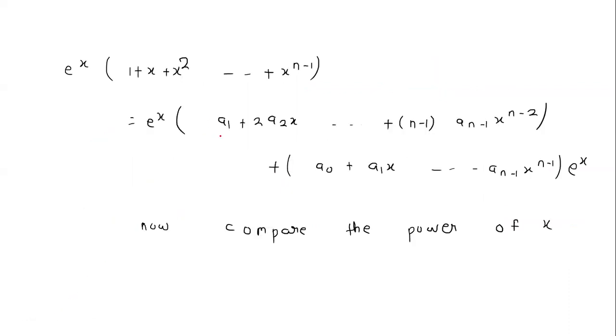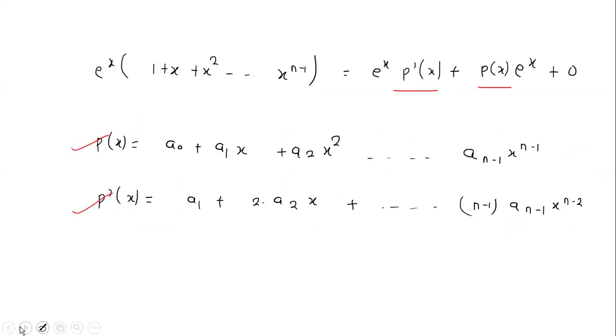After replacing, we get a1 plus 2 times a2 x up to n minus 1 a n minus 1 x power n minus 2. And here we have p of x, which is a0 plus a1x up to a n minus 1 x power n minus 1. Here we have e power x and e power x also.